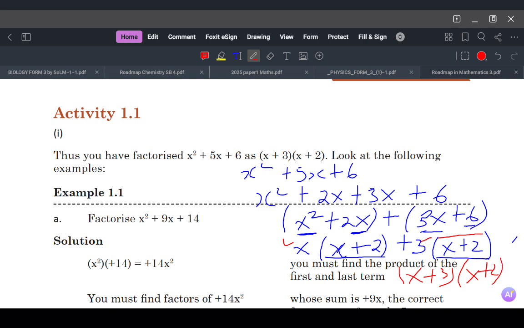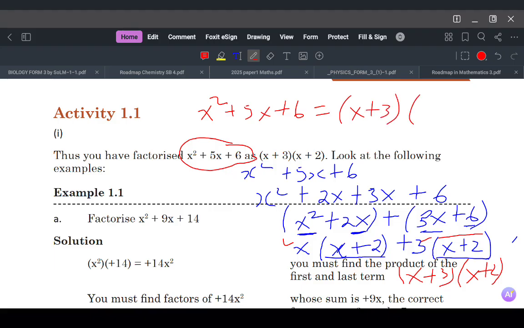All right, therefore, when you factorize x squared plus 5x plus 6, it will give you x plus 3 and x plus 2 as the factors.